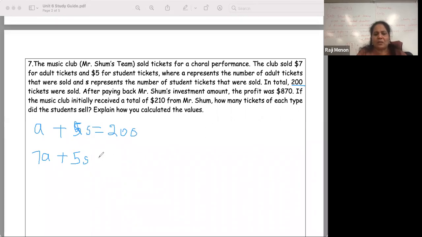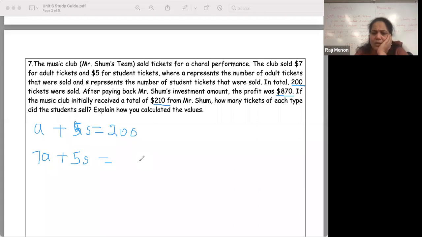So together, how much? The profit was 870. We are getting a profit of 870, and the music club initially received a total of 210 from the teacher. How many tickets of each type did they sell?